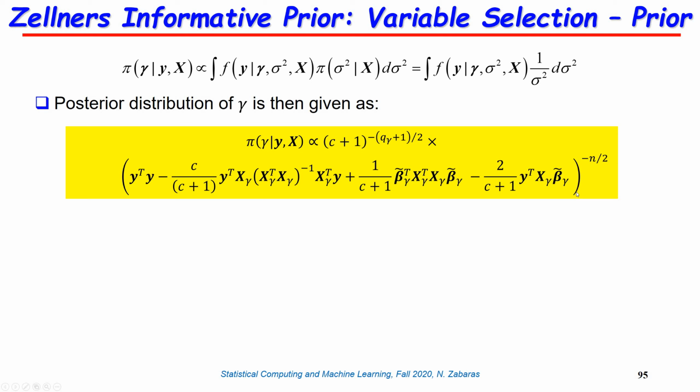And it looks identical to the marginal likelihood formula that we had in the earlier lecture, where instead of x, I have x gamma, and instead of tilde of beta, so the prior global mean, I have the tilde of beta with subscript gamma, which is the consistent prior mean for my model m gamma.